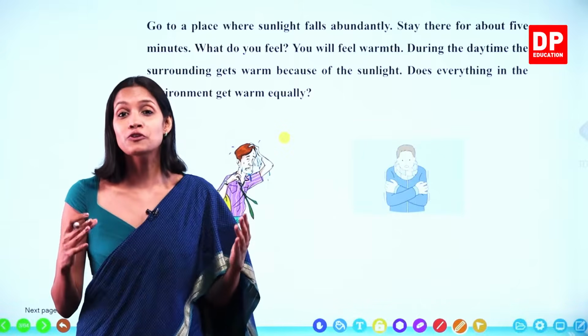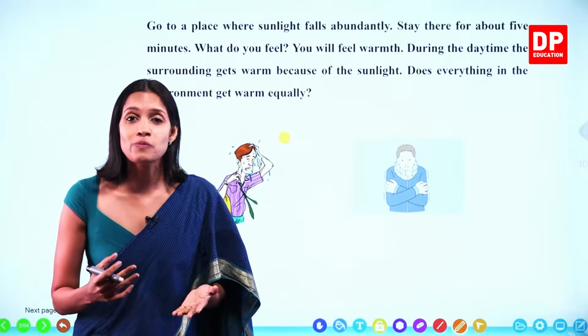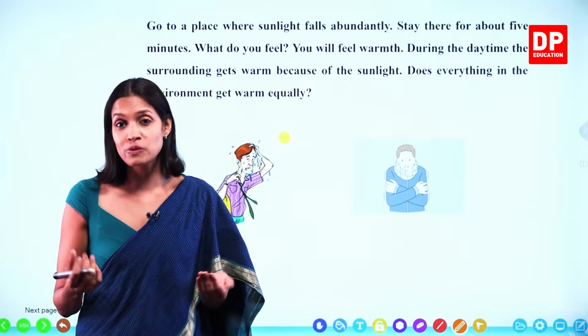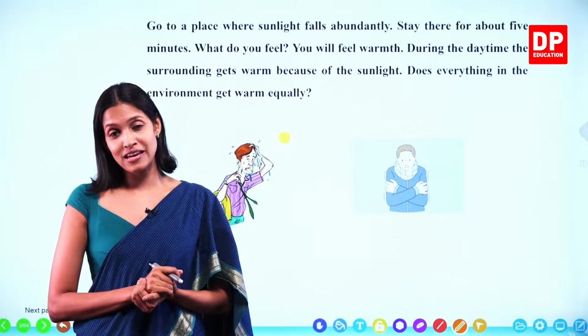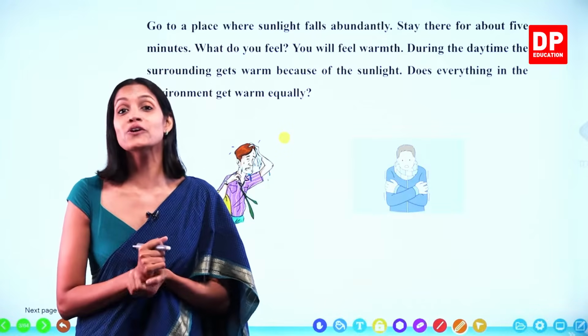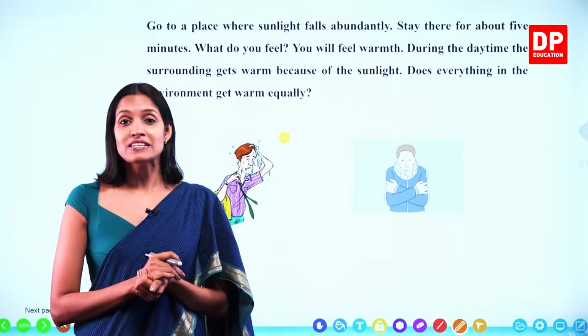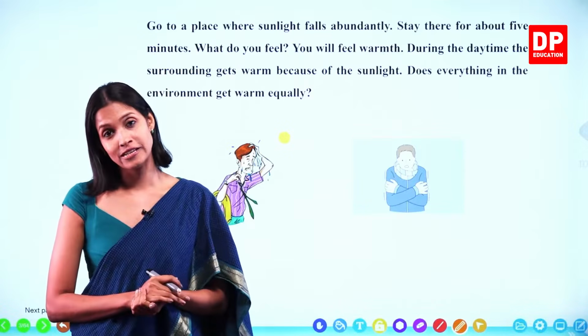After a little while you will start sweating. What is the reason, children? That is because when the environmental temperature increases because of the sun's heat, our body also can feel that. Our body temperature also increases. Because our body temperature increases, to reduce that amount of temperature, we start sweating.